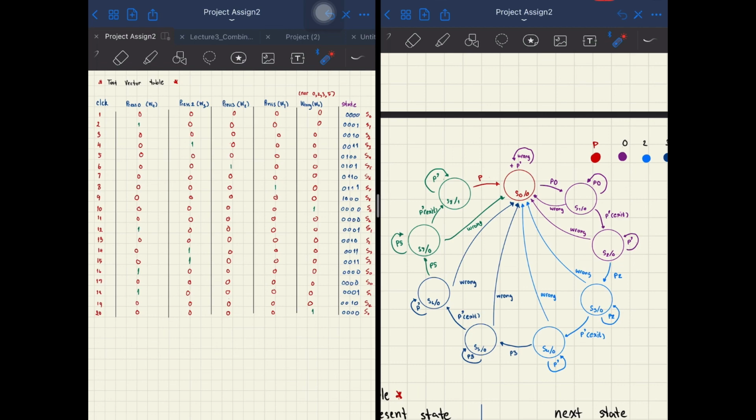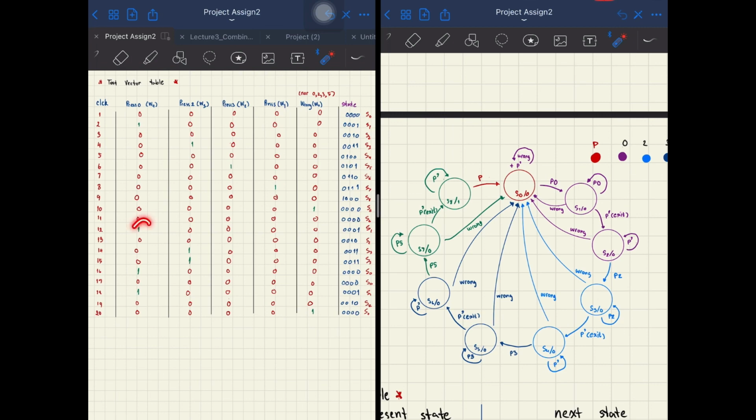So at clock 10 I press the wrong case or any button, so it will bring me back to state 0. And then clock 11 I try to release the button or do nothing, so it stays in state 0 again at clock 11, and then clock 12 I try to run it again.